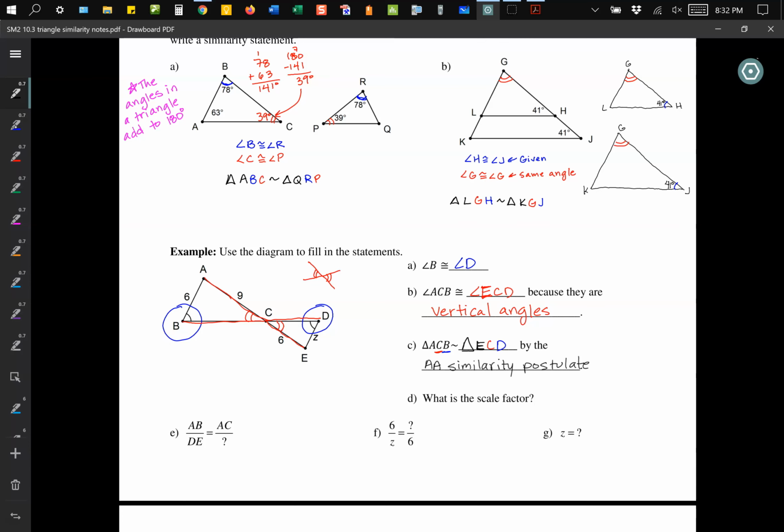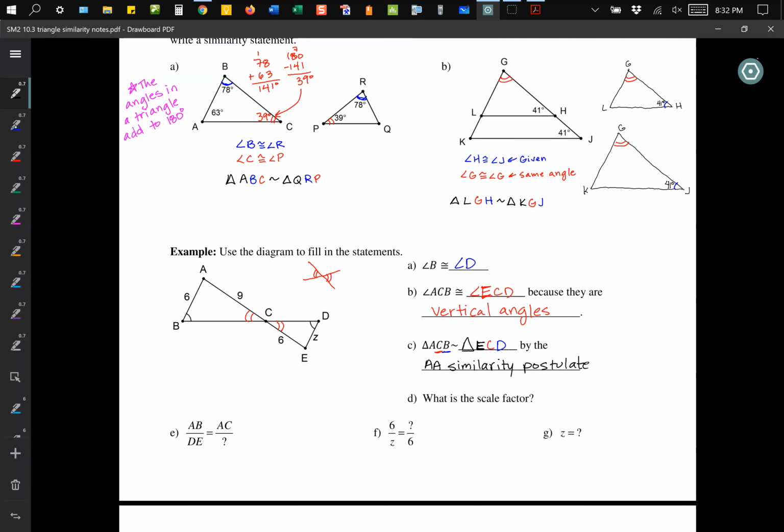What is the scale factor? So the scale factor, we need to find a fraction made up of one set of matching sides. So as I look at this, I've got a 6, that's between the unmarked angle and the one with 1 mark. Well, over here I've got Z, the one with no marks and the one with 1 mark.